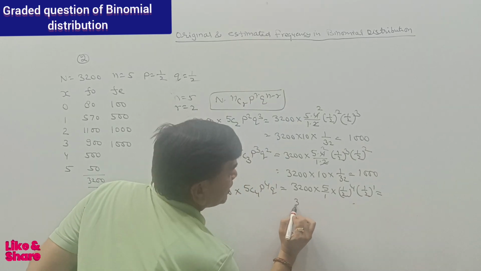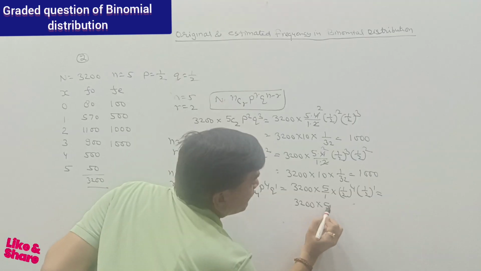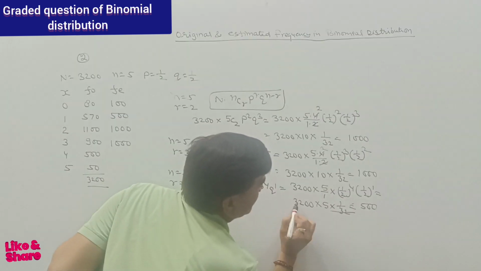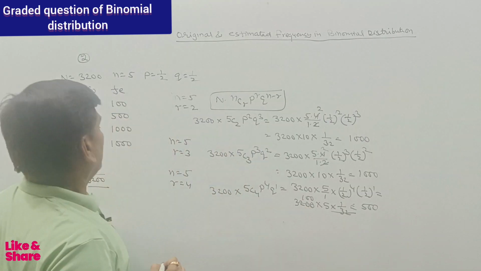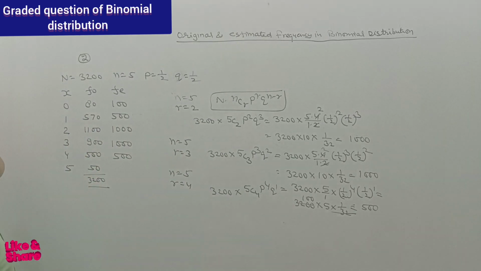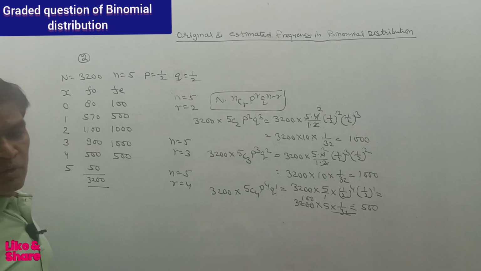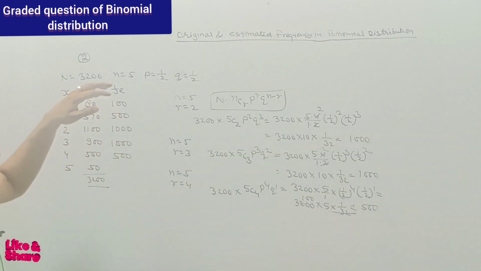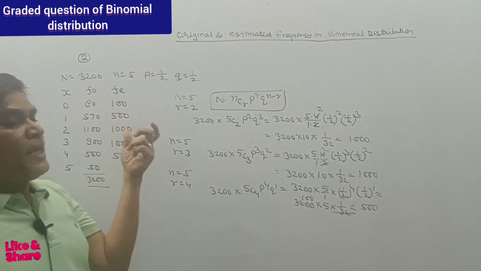So 3200 multiply 5 multiply 1 by 32. So this will be 500. So this is 500. Okay. And the last one, all 5 heads is over there.